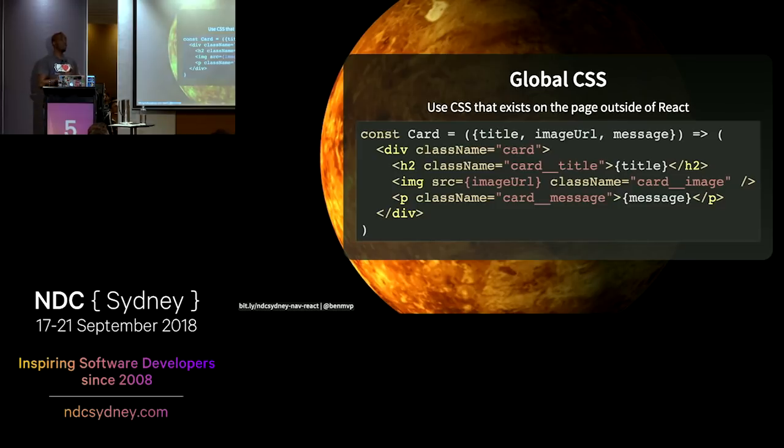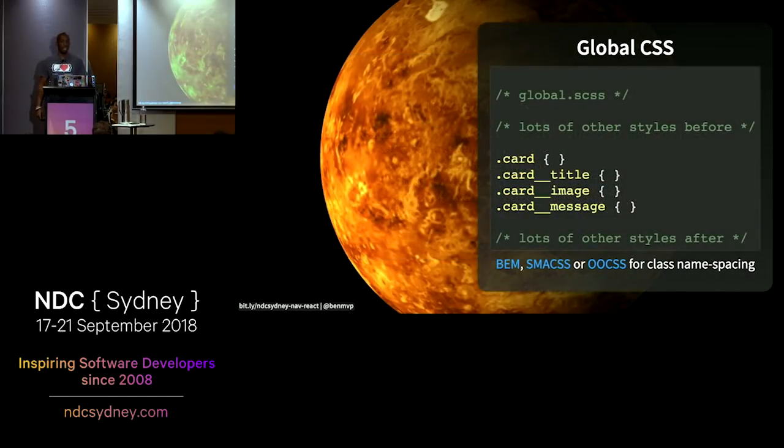So if you're using something like Bootstrap, you're using something like Foundation, this would fall under that as well. And you just include those classes there. And you need to make sure that your classes are properly namespaced, right? So that you don't have namespace collisions. So you can use something like BEM or SMACSS or object-oriented CSS to make sure that your classes don't collide.